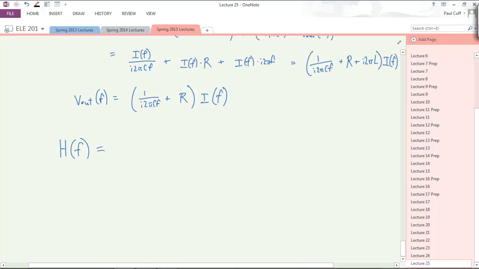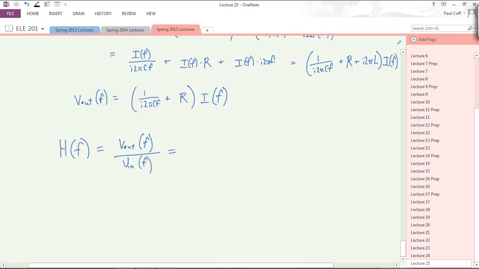But by the multiplication rule of convolution, V_in times the frequency response equals V_out in frequency, right? So this ratio V_out(f) over V_in(f) is exactly the frequency response.